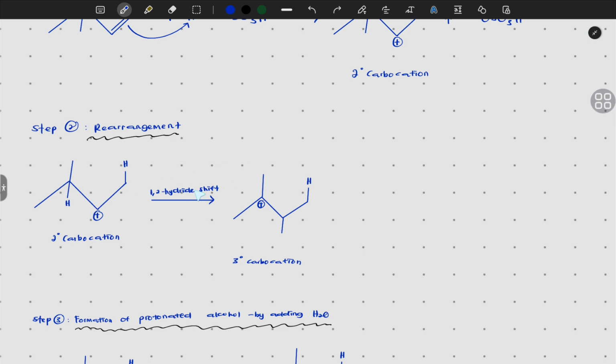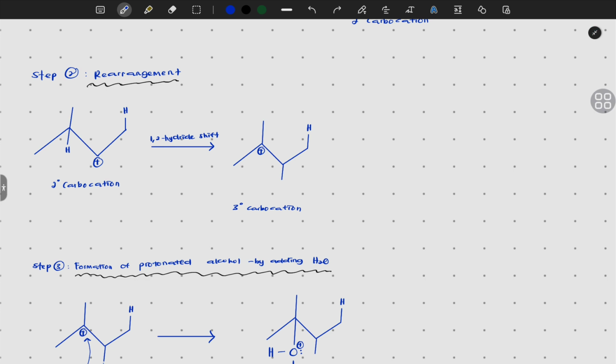The hydride ion shifts from the C adjacent to the positively charged carbon to the carbon bearing the positive charge. The hydride ion and the positive charge migration occur simultaneously.